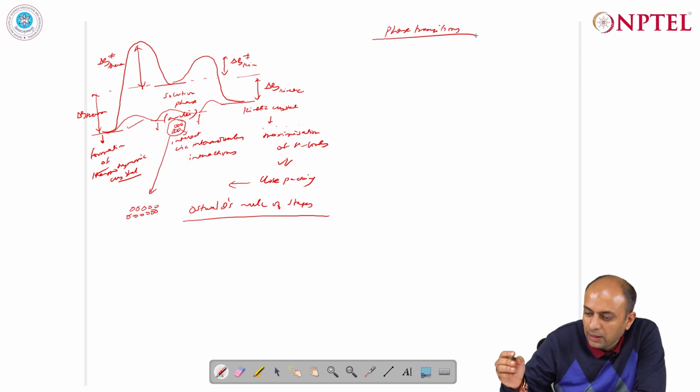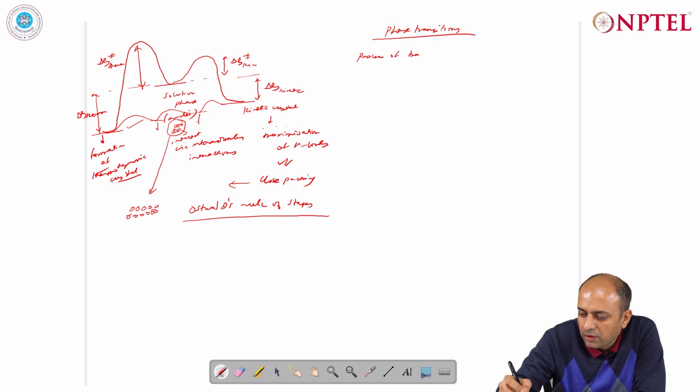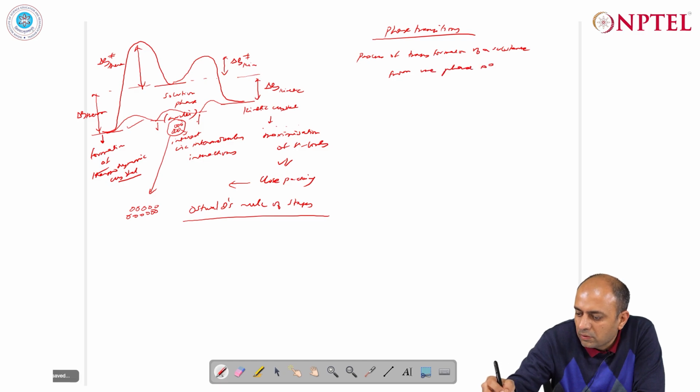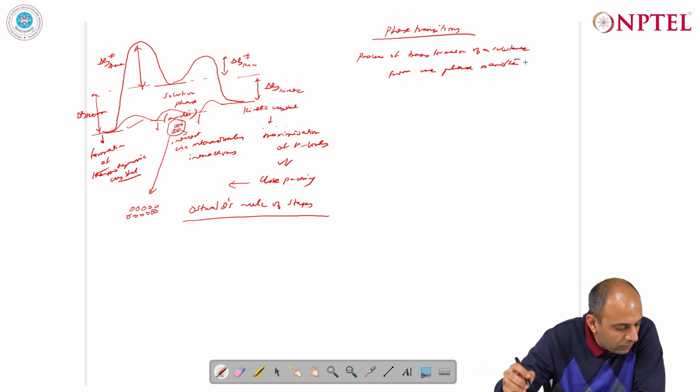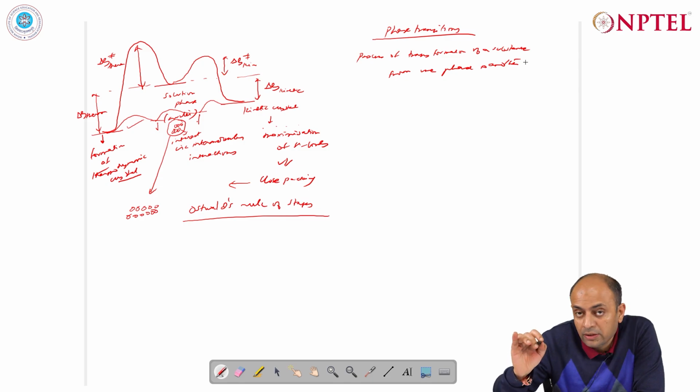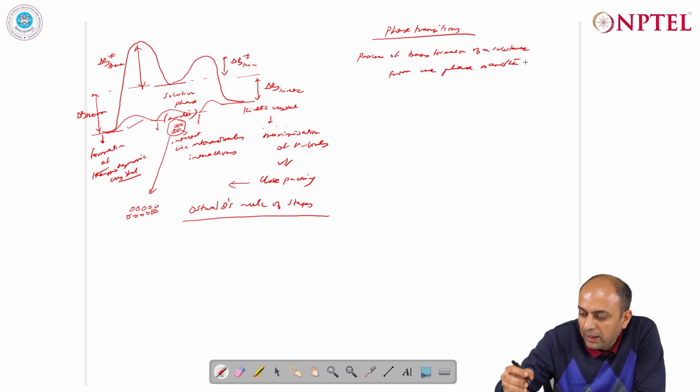The phase transition is the process of transformation of a substance from one phase to another. And obviously we are only considering structural changes here, and the two most important variables are the pressure and temperature.